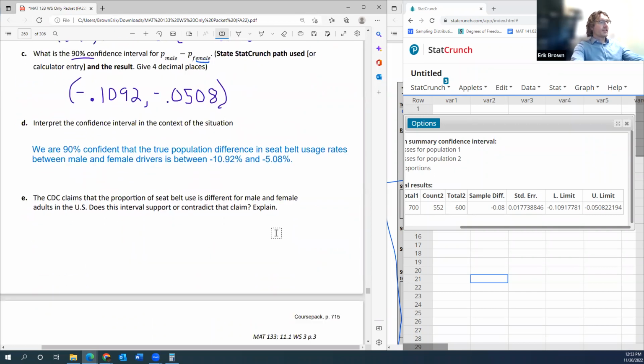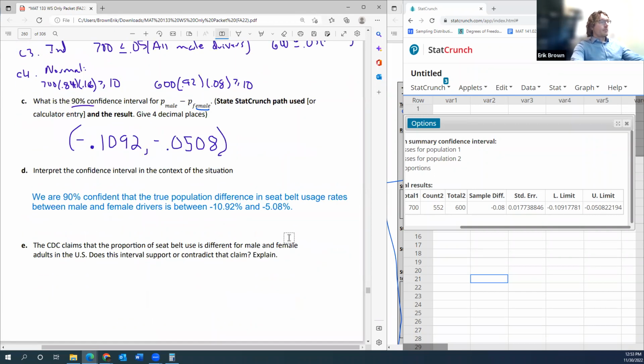All right, the big question then. The CDC claims they're different. Do we have support or contradiction for that claim based on our confidence interval?